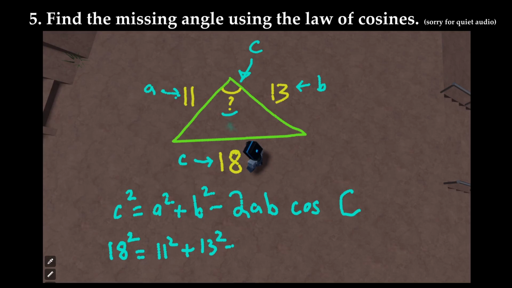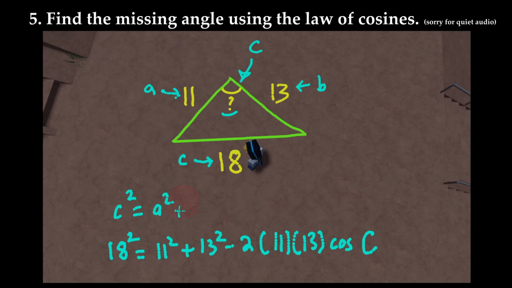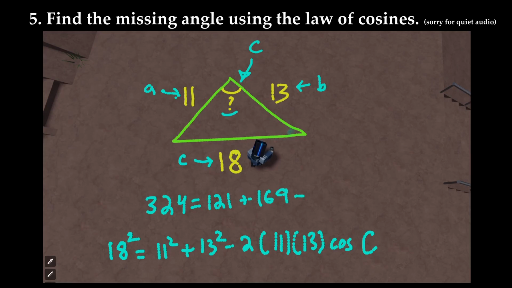Minus 2 times A is 11, B is 13, and then cosine of C, our mystery angle, which we don't know yet, so just keep it as cosine of C. I'll erase this at the top and then continue to simplify this expression. 18 squared is 324. 11 squared is 121. 13 squared is 169, so plus 169. And then minus 2 times 11 times 13 is just 286 times the cosine of C.